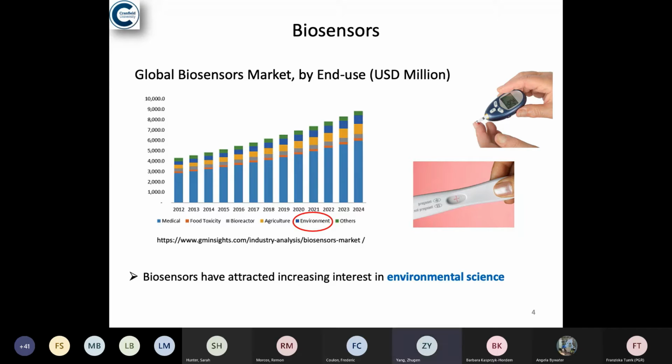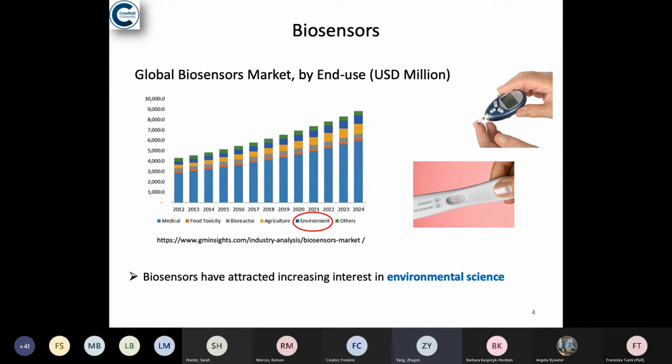Many of you already know some sensors. As you see from the global market, biosensors have wide attention, and it's great not only for medical diagnostics, but also for other areas, including environmental science. So it's increasing year by year within the requirements. We already have very successful commercialized products.